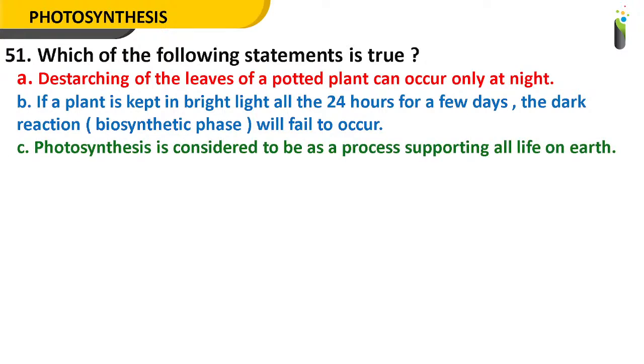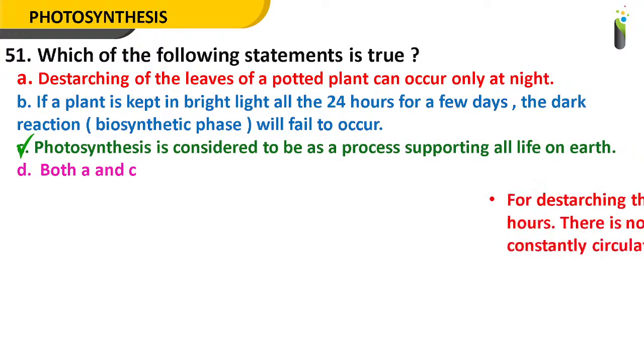C. Photosynthesis is considered to be as a process supporting all life on earth. D. Both A and C. So which of these statements is correct? Well, the answer is C.